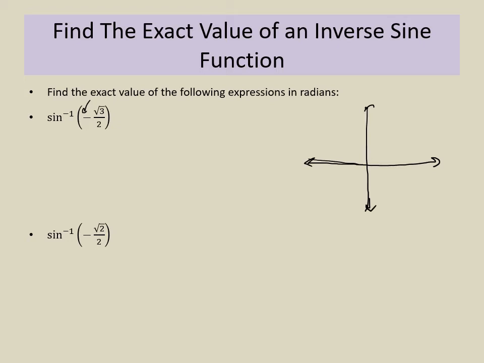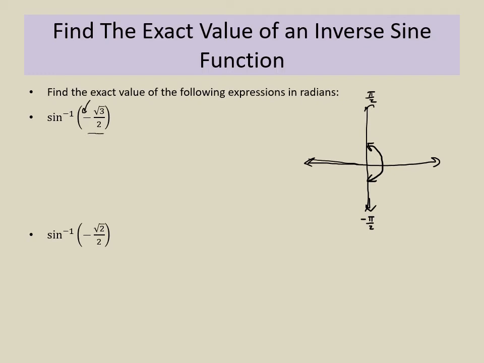And again, recall, where is the inverse sine defined? It's only defined between negative pi over 2 and positive pi over 2. Only those angles between those two values are where the inverse sine function is defined. So now, which one of these angles has the sine negative square root 3 over 2?